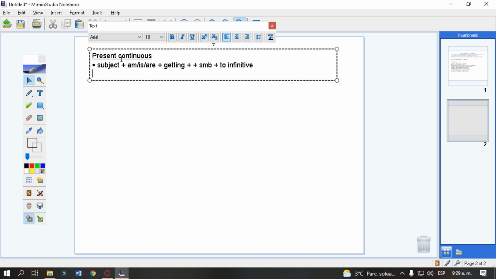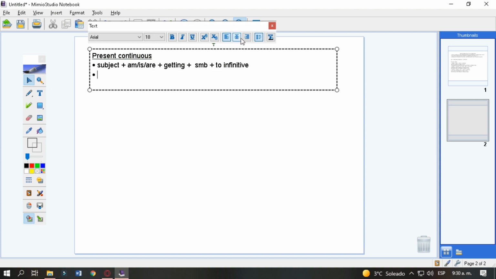This is the auxiliary verb: am if it is I, is if it is he, she, or it, and are if it is you, they, and we. As it is a continuous sentence, we are going to need the verb get plus ing, then somebody, and the action in the infinitive. This is the main verb, and it goes into the infinitive.